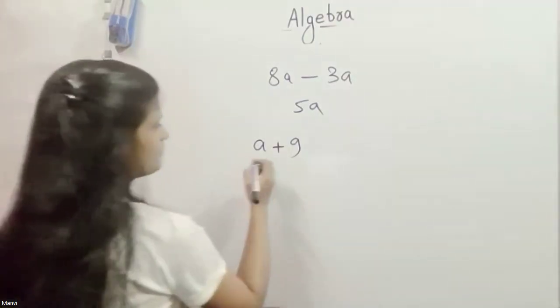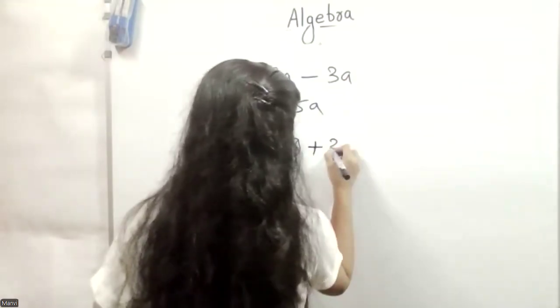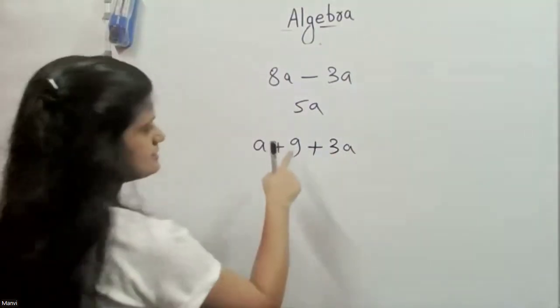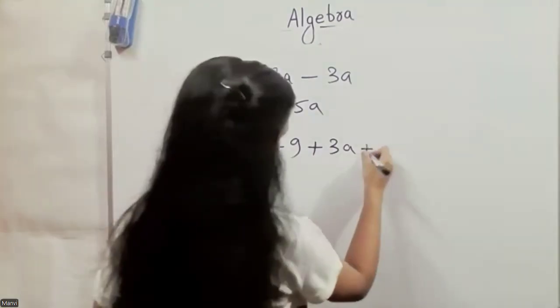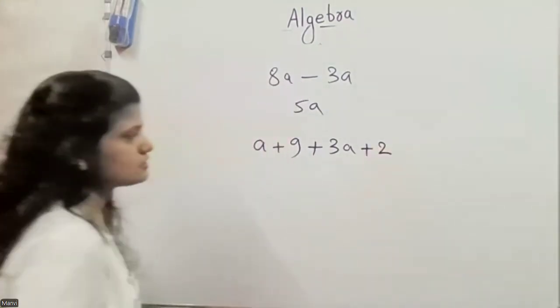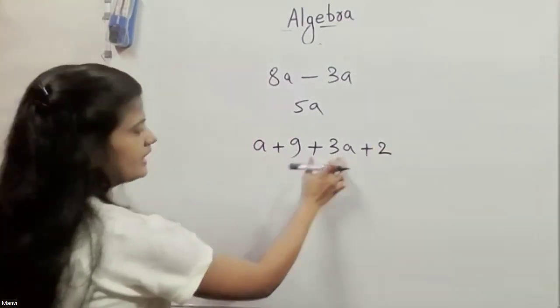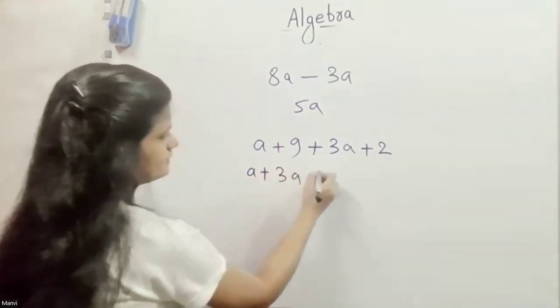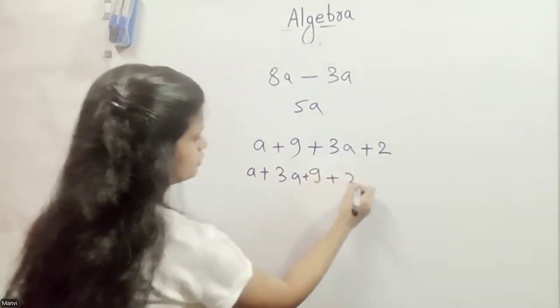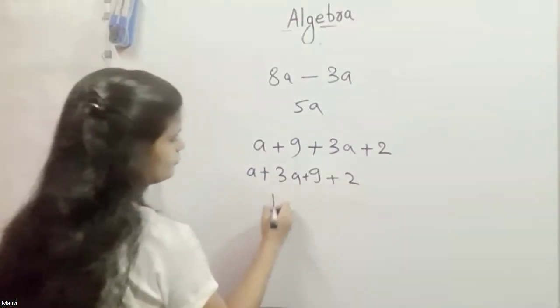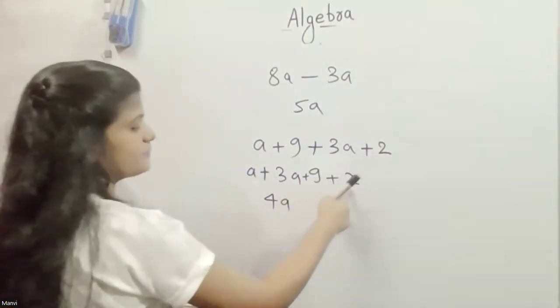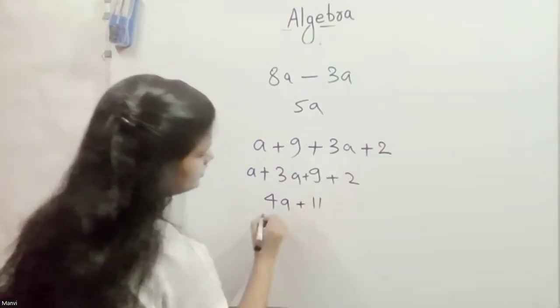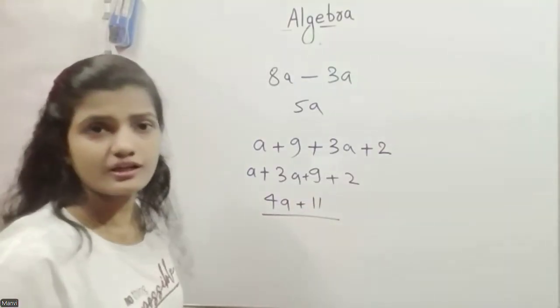For example, if we have a plus 9 plus 3a plus 2, this a and 3a are like terms, so write them at one place, then 9 and 2. So a and 3a will be 4a, and 9 plus 2 will be 11. So the answer will be 4a plus 11. Okay?